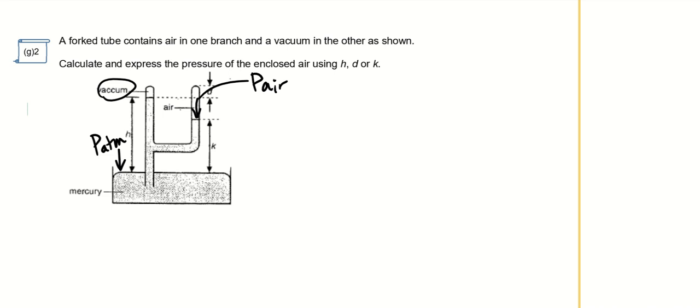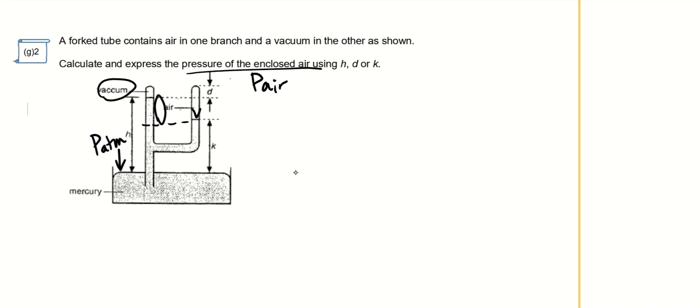Once you are done with that, we can find where we have same liquid, same level, and same pressure. I want to find the pressure of the enclosed air, so possibly I can choose this level. It is sort of blocked by my arrow, but you can see this height I can calculate later from here.